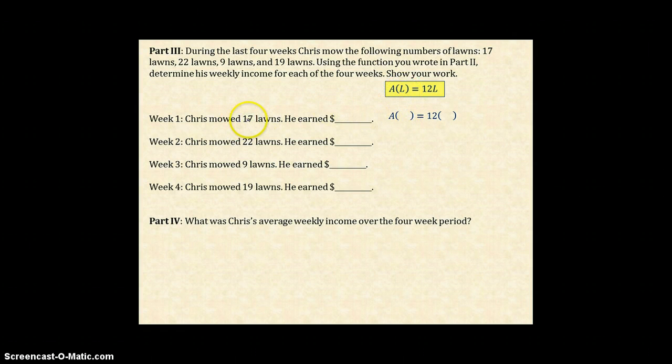So in week 1 he did 17 lawns, so we're going to plug in 17. And A of 17 is 12 times 17, which is $204 he made that week. For week 2, he mowed 22 lawns, so we're going to do A of 22, and 12 times 22 is $264.